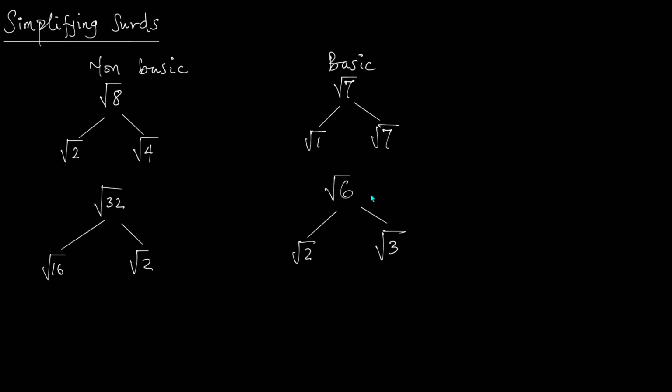So if we have a non-basic surd, how do we take it to basic surd? You may be required to express as a single surd. A single surd is a surd that is written in such a way that everything that has to be written about that number is under the square root sign.